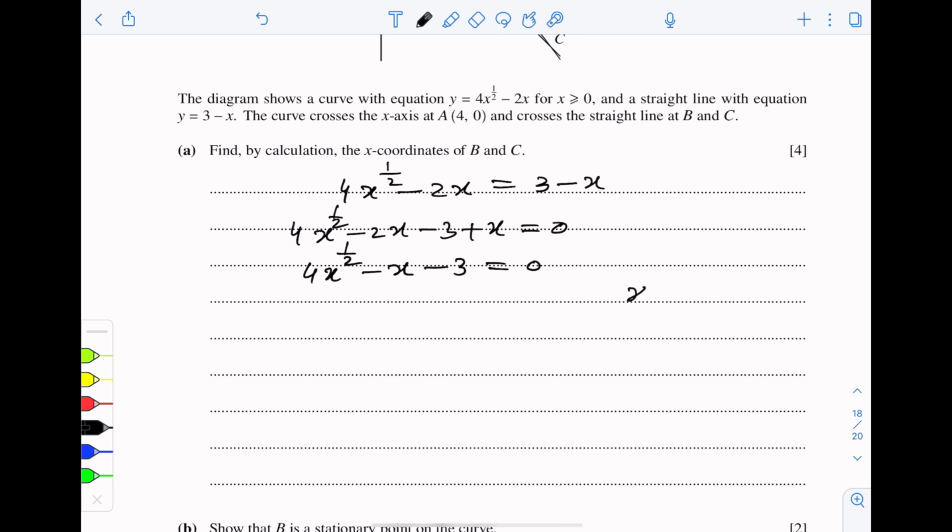We put x power 1 over 2 is equal to y. Now this becomes 4y minus y square minus 3 is equal to 0. तो इसको स्टैंडर्ड फॉर्म में लिखेंगे, माइनस 1 से मल्टीप्लाई कर दें बोथ साइड्स, we get y square minus 4y plus 3 is equal to 0.